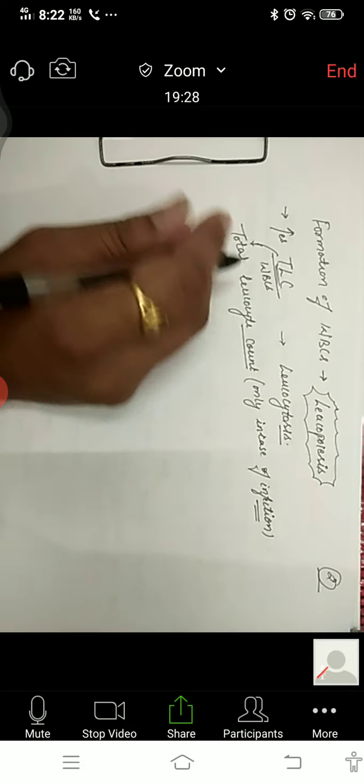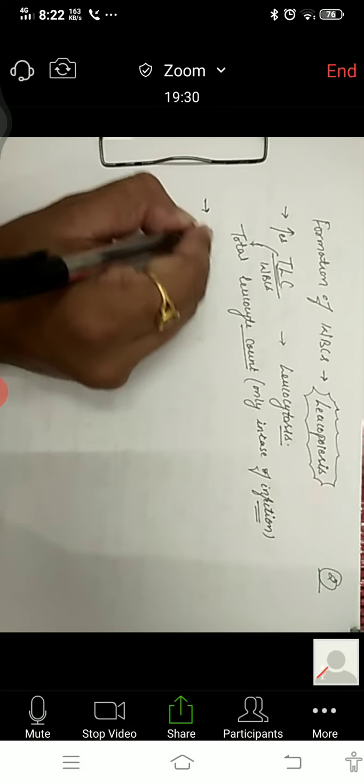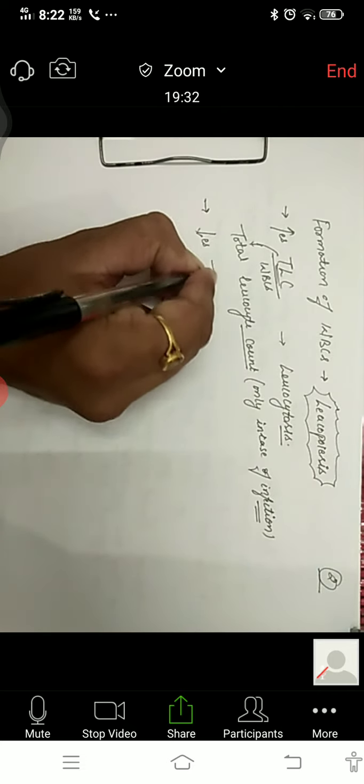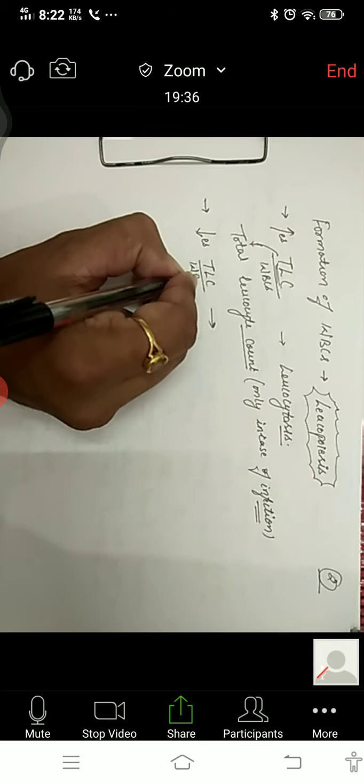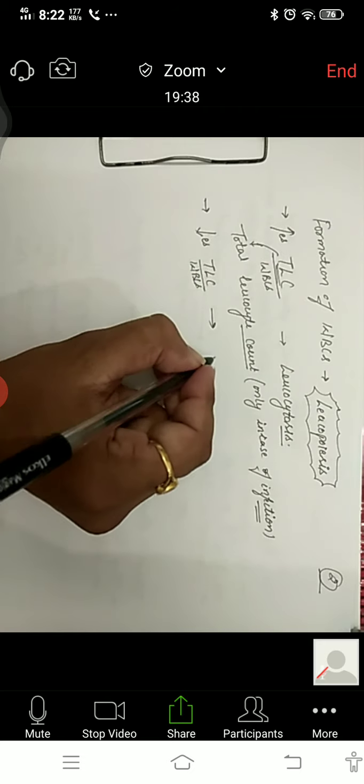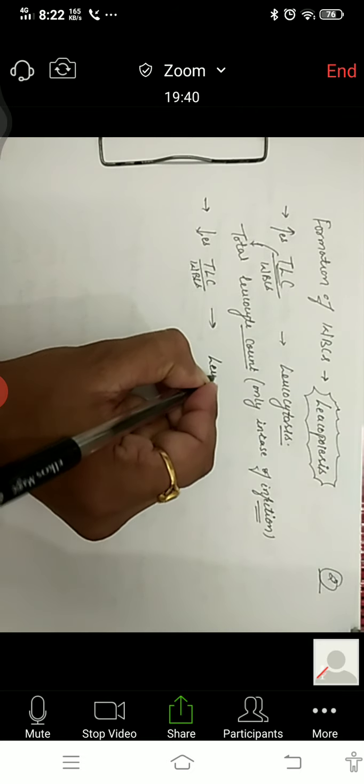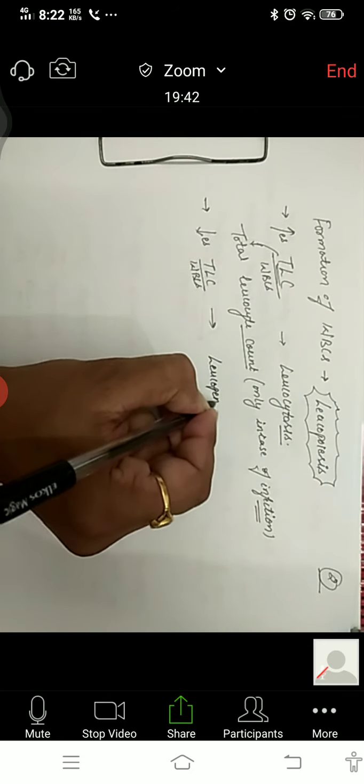A decrease in TLC, meaning the WBC amount decreases in our body, is called leukopenia.